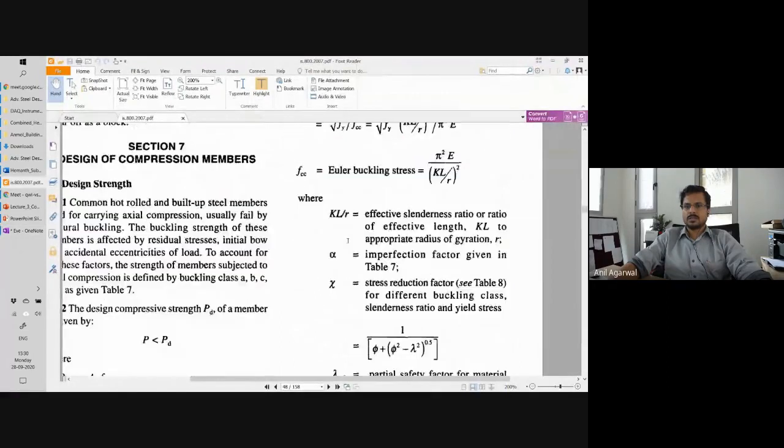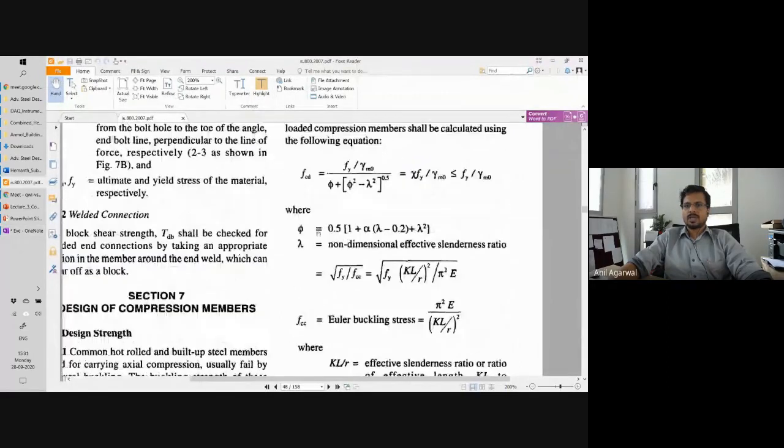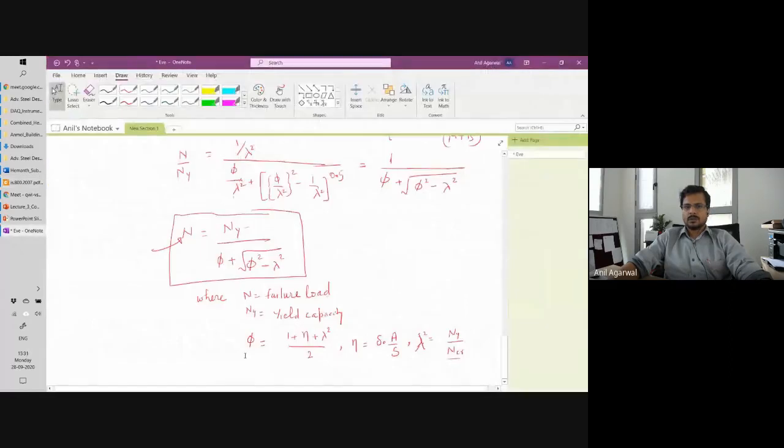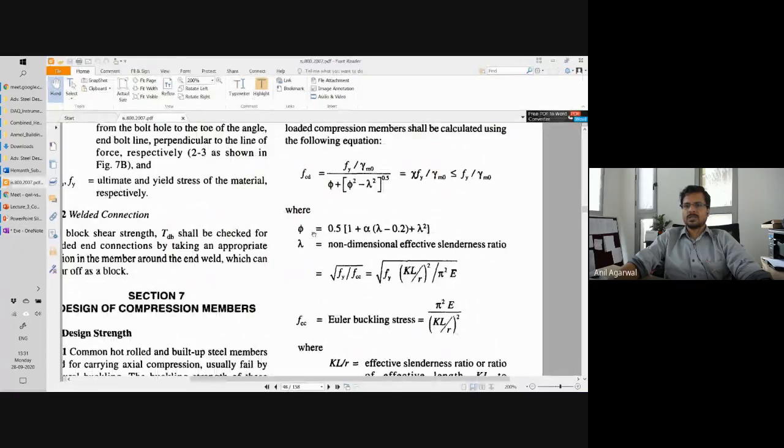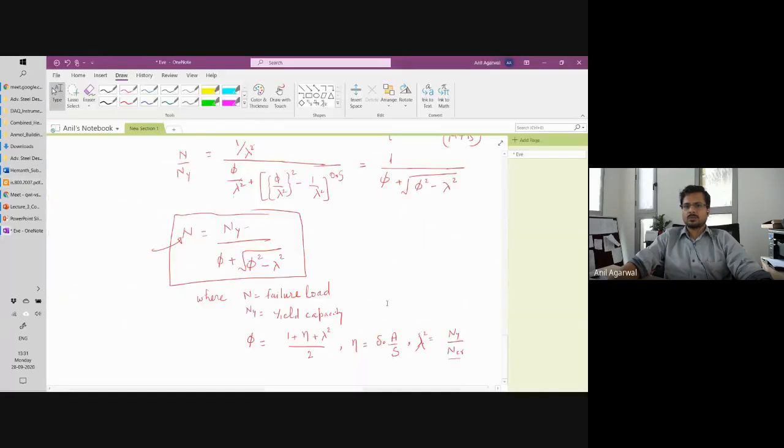They don't have any eta here, do they? No. But they have an expression for phi. Our expression for phi was half times something. Their expression for phi is half times something: 1 plus lambda square plus alpha lambda minus 0.2.